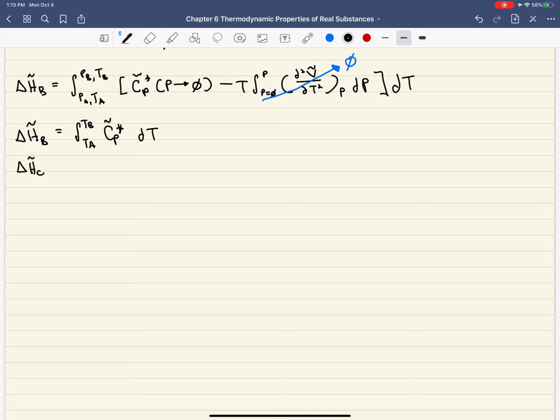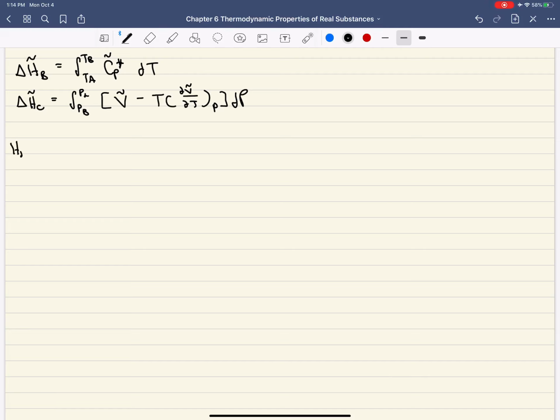For delta HC, there we're changing the pressure isothermally. And so the form of the equation ends up being almost the same as the form for step A. The only difference is the bounds of the integral. Now we're going from that pressure B to the final pressure P2. Okay? All right, and so if we take all these things together, so H2 minus H1, right, and let's plug in for HA, HB, and HC.